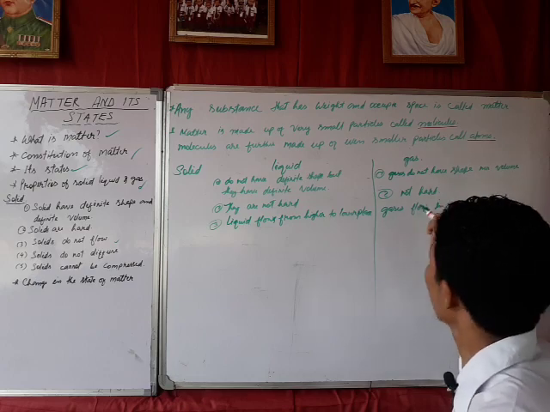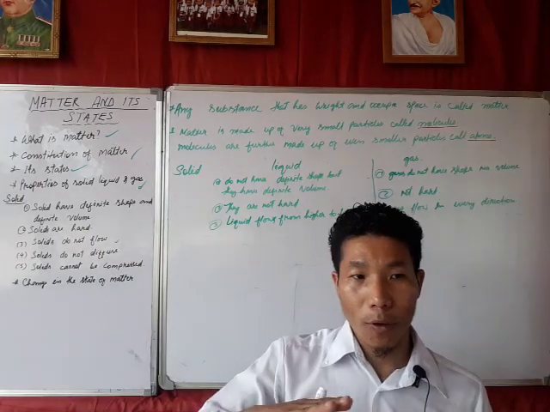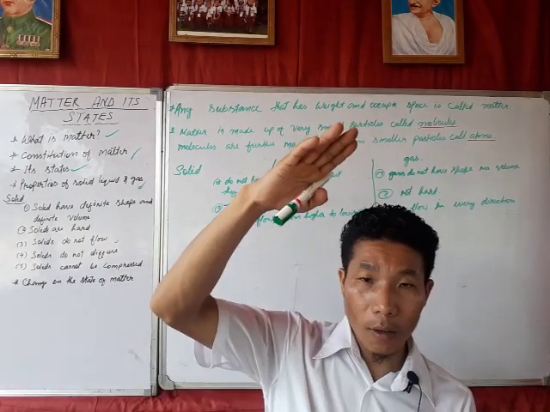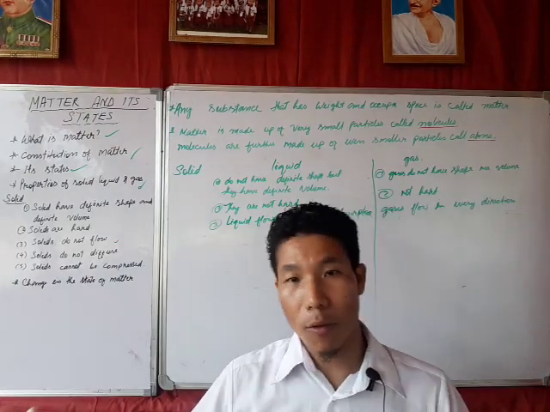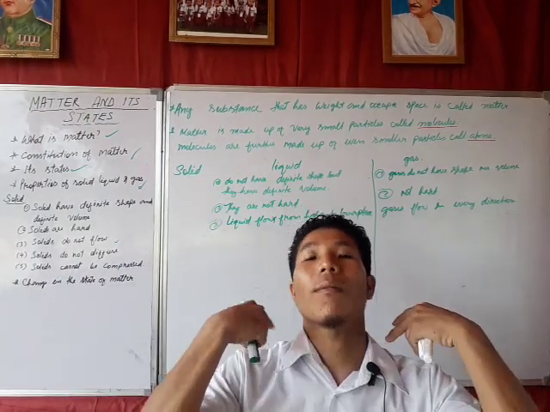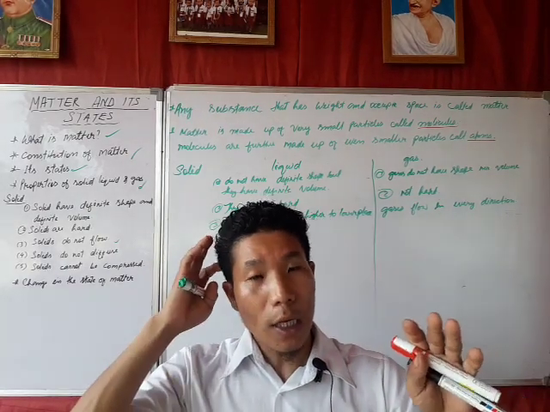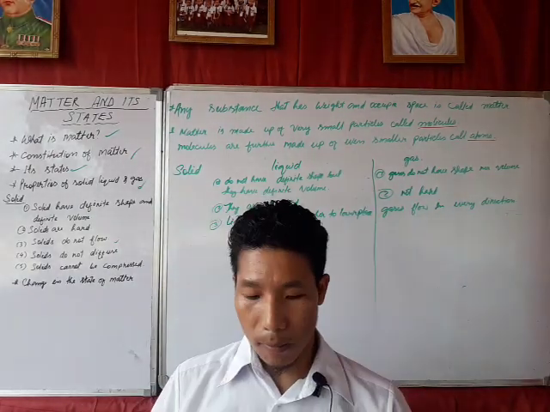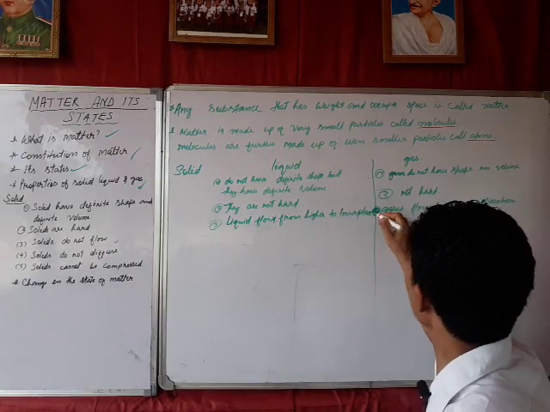Means gases flow in every direction, from higher to lower or lower to higher, from right side to left side or left side to right side, from front side to back side or back side to front side. So the gases flow in every direction.